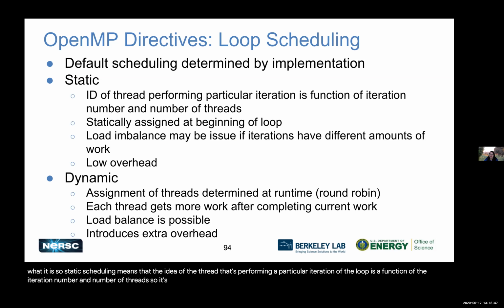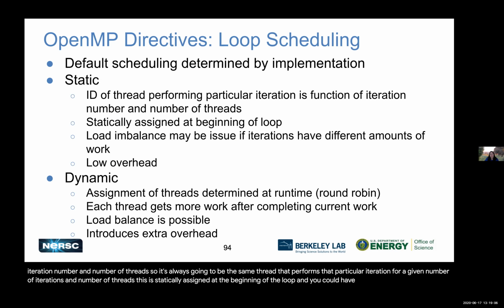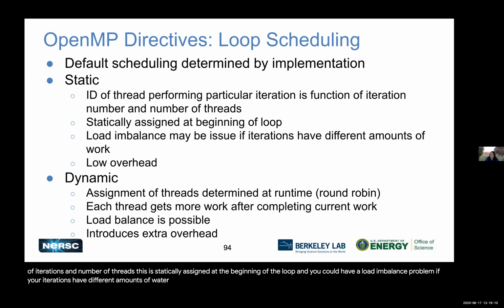So it's always going to be the same thread that performs that particular iteration for a given number of iterations and number of threads. This is statically assigned at the beginning of the loop. And you could have a load imbalance problem if your iterations have different amounts of work that they're doing. But it does have a low overhead, so that's nice.